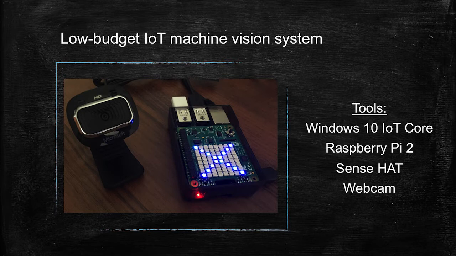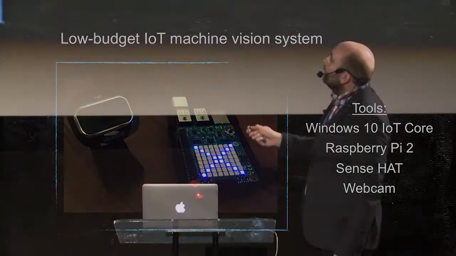We've attached an additional add-on board, which has 64 RGB LEDs, which act as a display. Additionally, this add-on board has a 5-button joystick, which can be used to control the device, and a number of sensors. This device is about the size of a credit card.